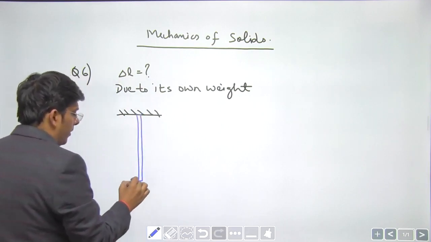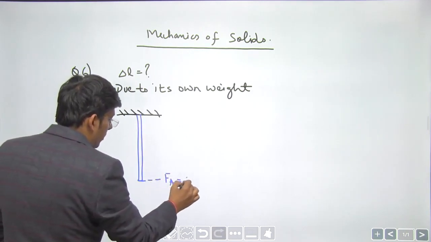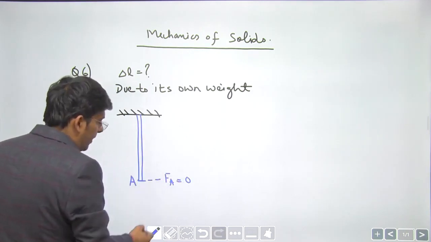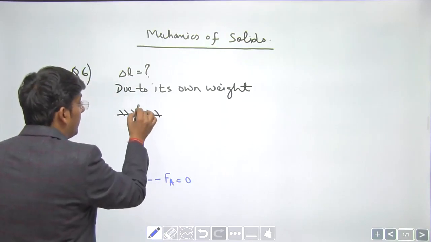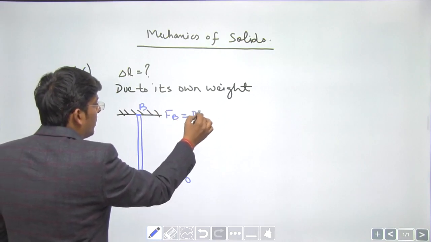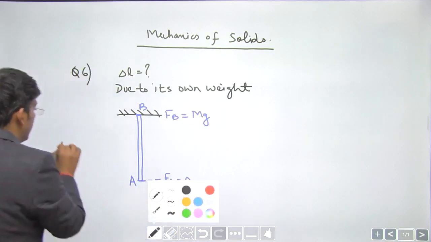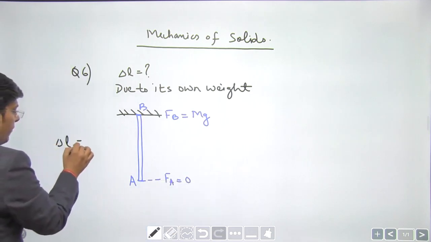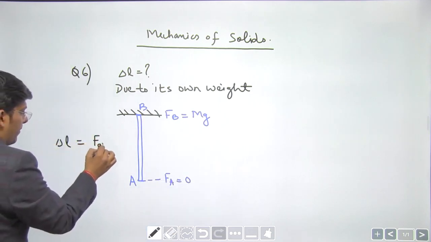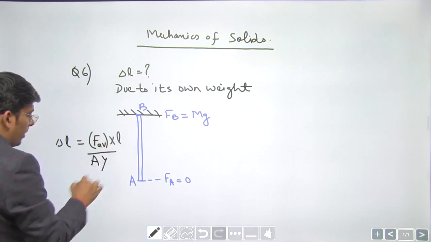See, dear students, force or tension at this point is 0, right? Because no weight is hanging from this point, but this point B has to hold a lot of weight. Force at point B or tension at point B is equal to mg. So extension in the wire is actually FL, it should be average force into length divided by area into Young's modulus.